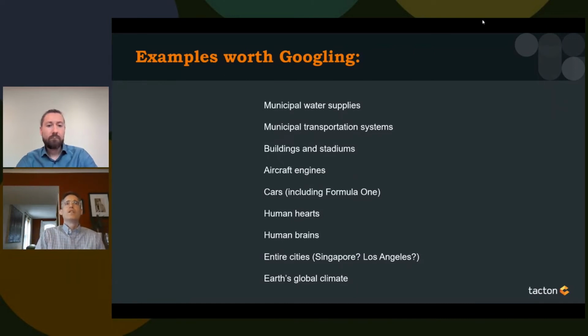Stadiums. I love examples in the human space, hearts and brains, Google's digital twin of the human brain, fascinating things that are being done in the medical industry. Cities, NVIDIA is working with Earth's global climate.